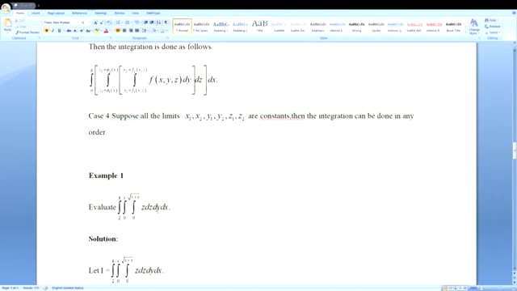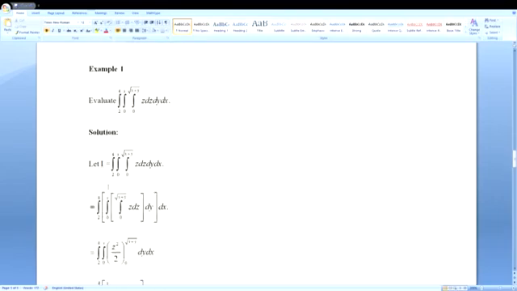And the limit for y is given as a function of x, 0 to x. So we integrate with respect to y, and then we integrate with respect to x, because the limit for x is constant. That is, let I equal to integral 2 to 4, 0 to x, 0 to root of x plus y, z, dz, dy, dx.